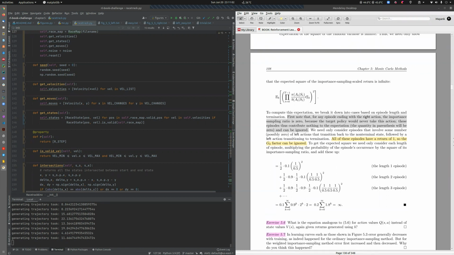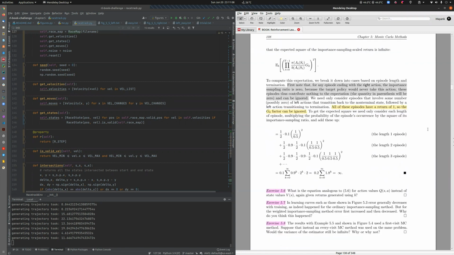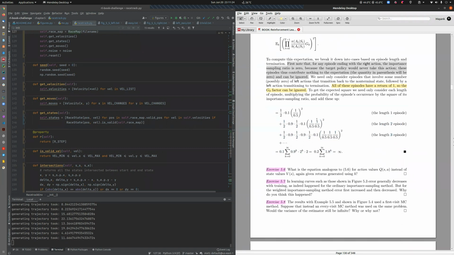If the return is 1, this factor can be ignored. This is the derivation opening up the loop, where the episode length is 1, then 2, then 3 episodes long.